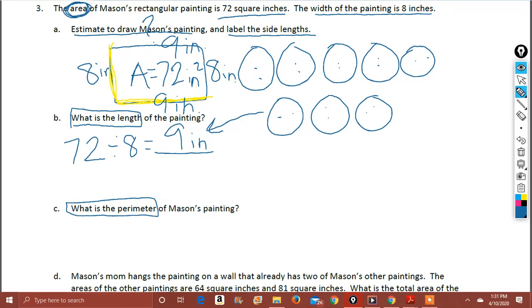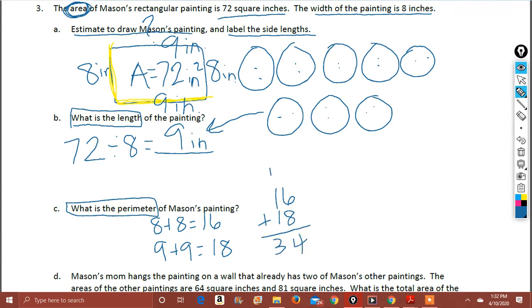So we add 8 plus 8 to get 16, and 9 plus 9 to get 18. 16 plus 18 is 34. So the perimeter of Mason's painting is 34 inches.